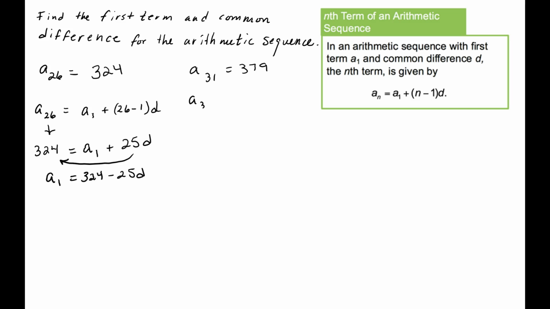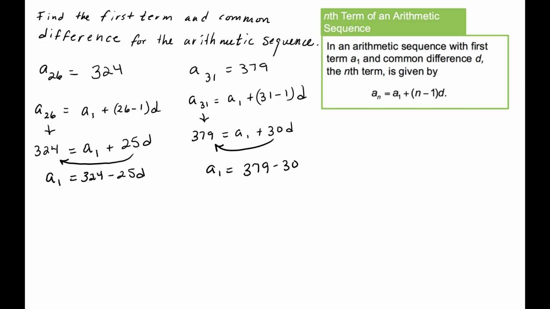If I have A31, it's going to be the same thing: A1 plus 31 minus 1 times D. So we're going to work it out exactly the same way. This one being 379 equals A1 plus 30D. Now we're going to move this same thing over and solve for A1. A1 is going to be 379 minus 30D.